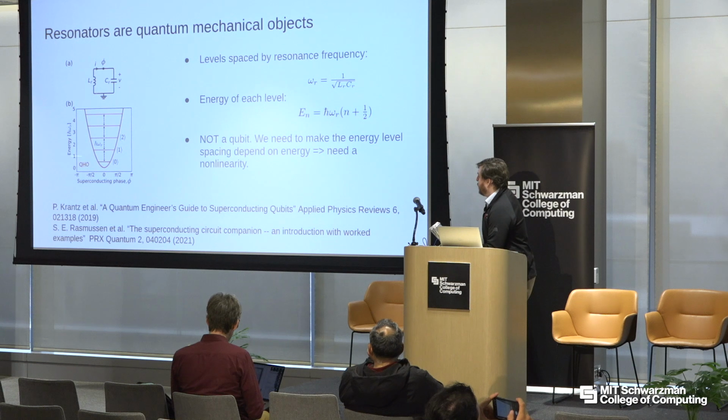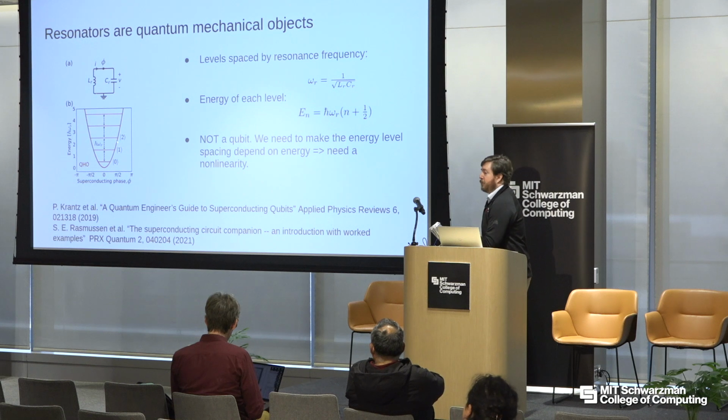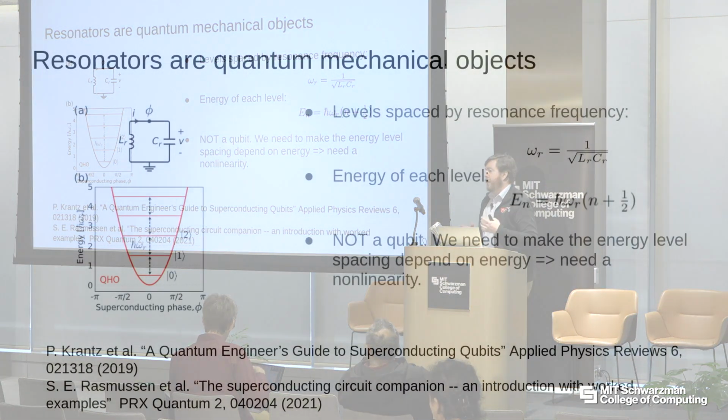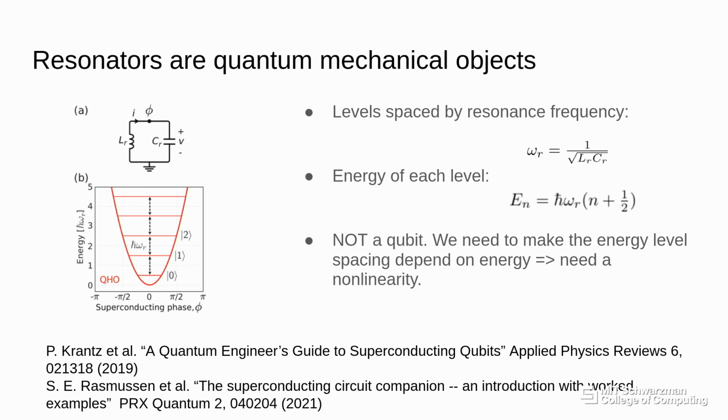It's not a qubit in the way that we would typically use it, because these energy levels are equally spaced. So when you apply a microwave drive, you end up exciting a bunch of different levels. And you excite a coherent state in this resonator, which looks like a classical state, where energy will oscillate back and forth between the electric and magnetic fields at a certain frequency.